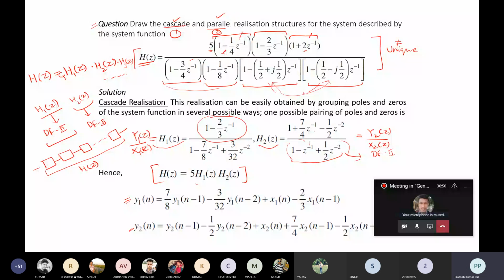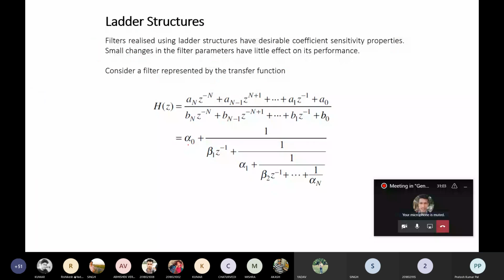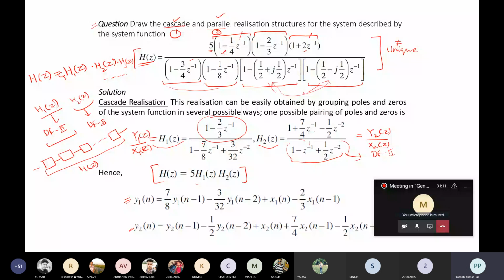To realize the poles, after the first delay element, this is 1 minus and this is plus. If it is minus, it will be a positive coefficient. Here it is plus, so it will be a negative coefficient.